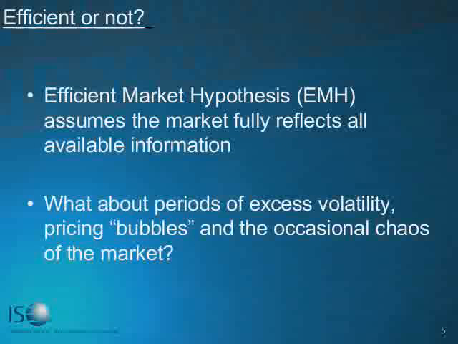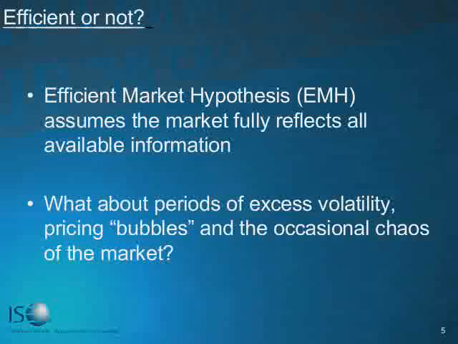So that leads me to the question of efficient or not. The efficient market hypothesis assumes that the market is fully reflecting all available information, and when people first start studying whatever market you're looking at, you sort of believe in this. At least I did. But then when you live and breathe the markets for many years, you say, well, okay, that's great, efficient market, but how can it be efficient if, let's say, the U.S. equity market or even the world markets are down about 50% this year, roughly, depending on the index you look at?